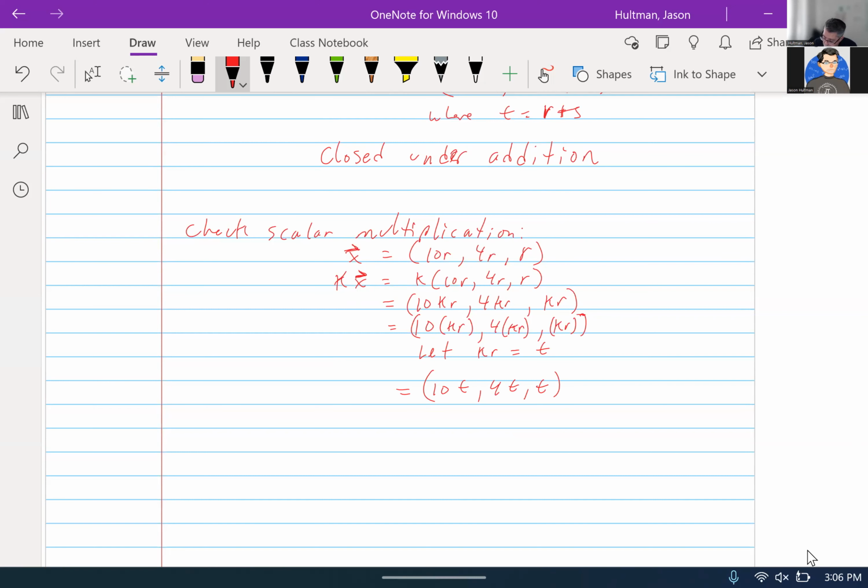It just shows that, yes, it is closed under scalar multiplication. Again, we end up with something still on the same plane.